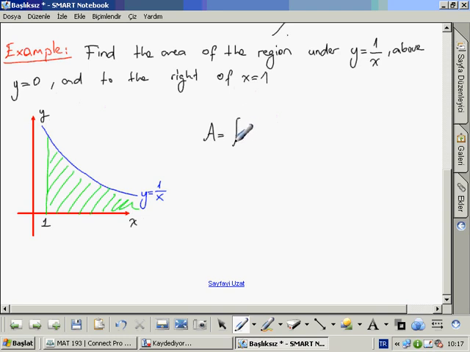A equals the integral from 1 to infinity of dx over x.